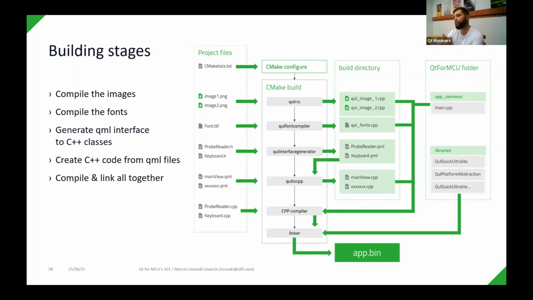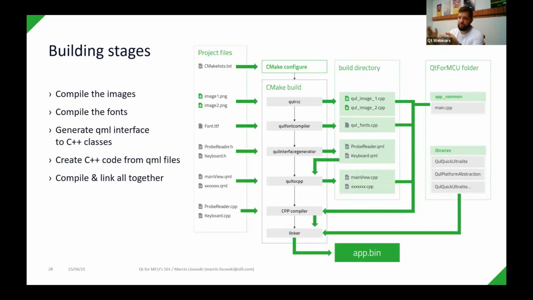You have some input header files for your interfaces from C++, and QInterfaceGenerator is converting those headers to a QML representation to let the next tool know how to integrate your C++ logic together with the QML logic.